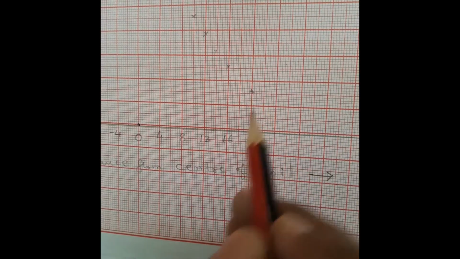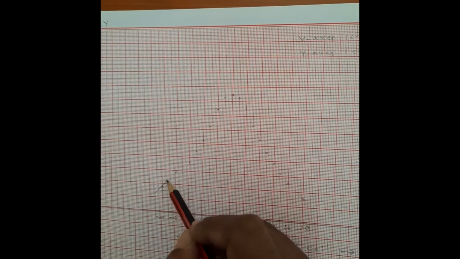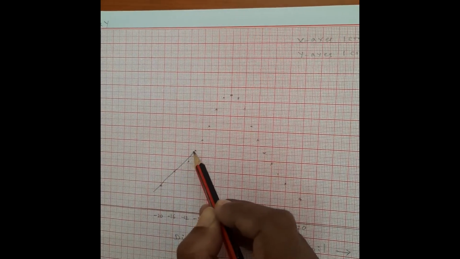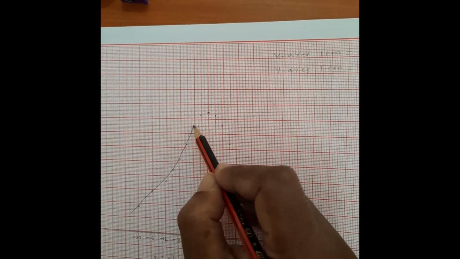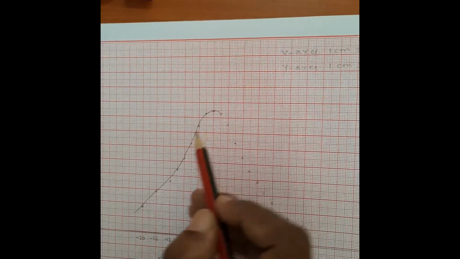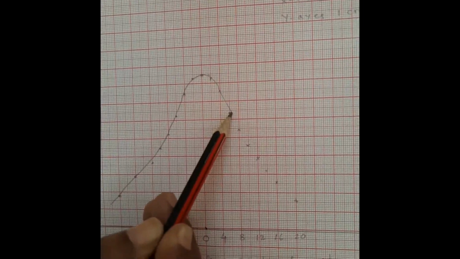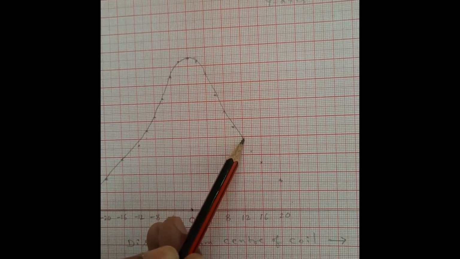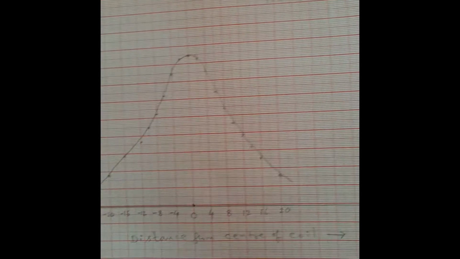So like this we can plot the graph, and finally join all the points. Slowly start from here. It is observed to get the shape of a curve like this. So join all the points. This is the way of plotting the graph.